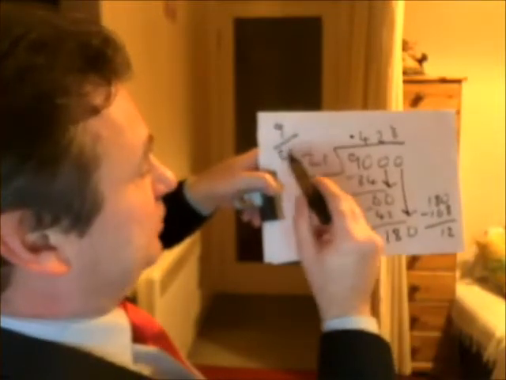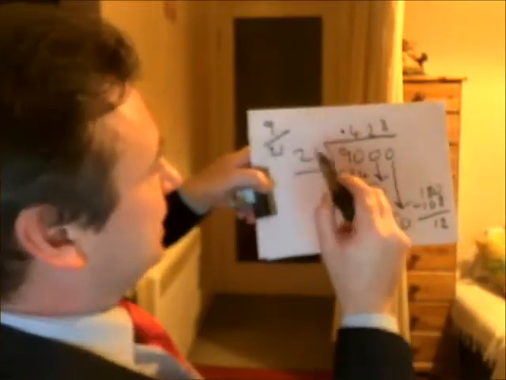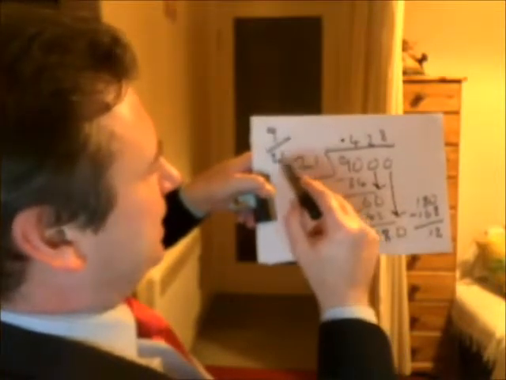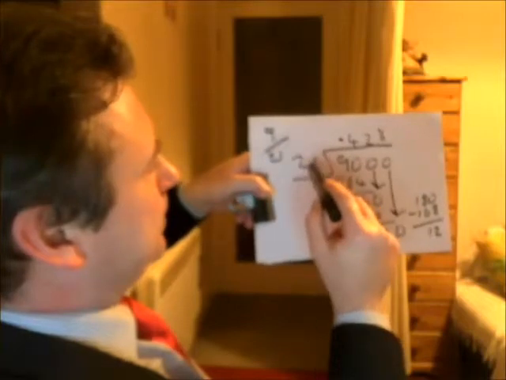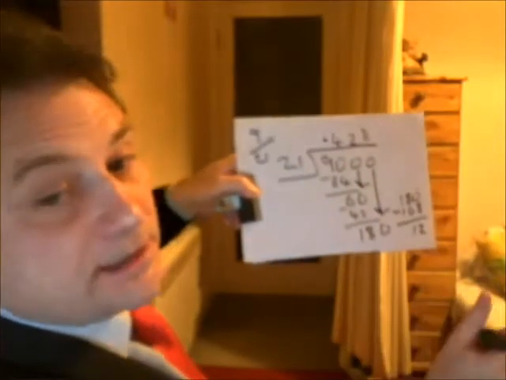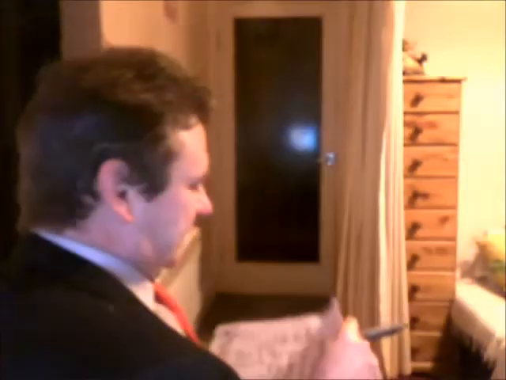Again, it's just a case of putting the sum on its head, okay? And the denominator is going into the numerator, okay? And that is how we get that answer.